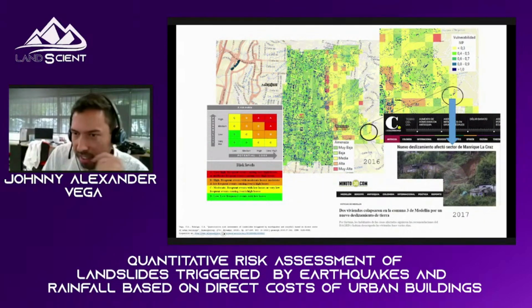The hazard was moderate, and the vulnerability was high. If you combine moderate hazard with high vulnerability, you obtain a high risk level. And this is an example of the use of our methodology.